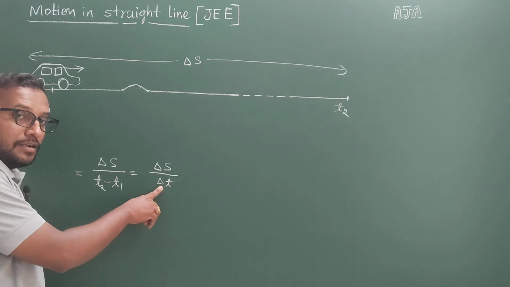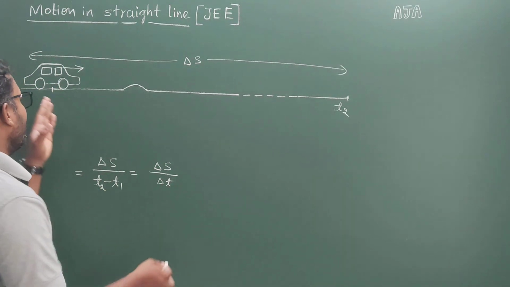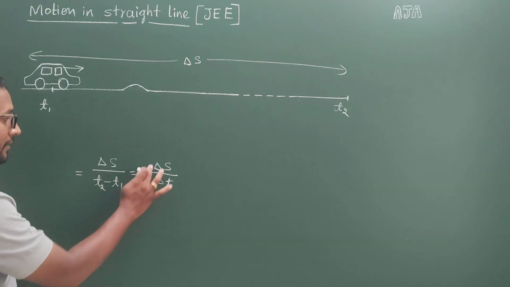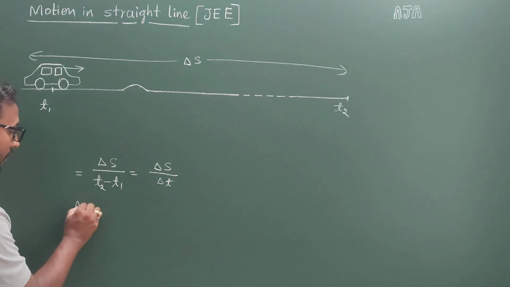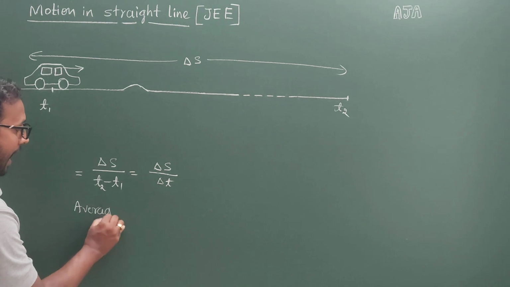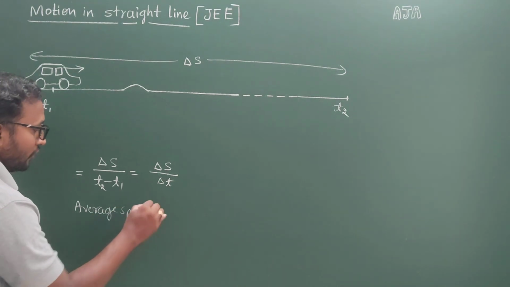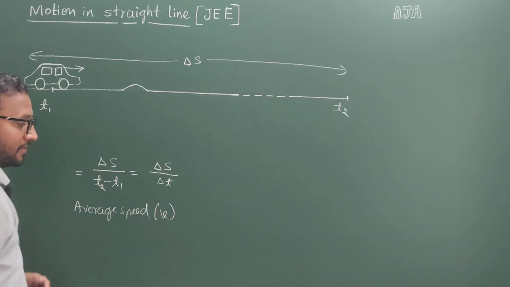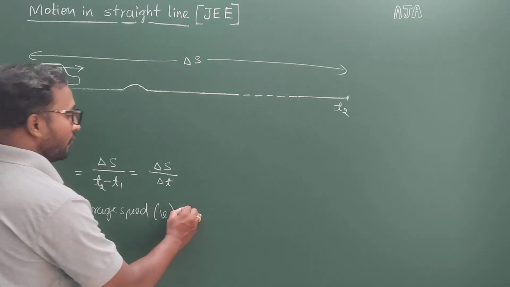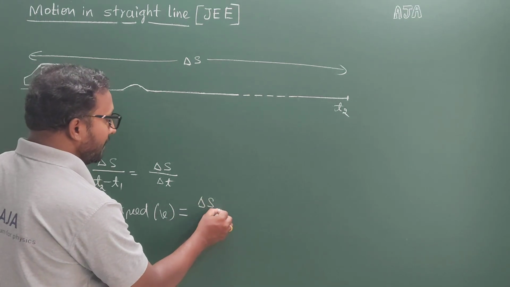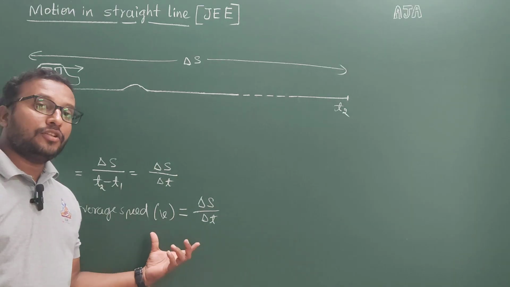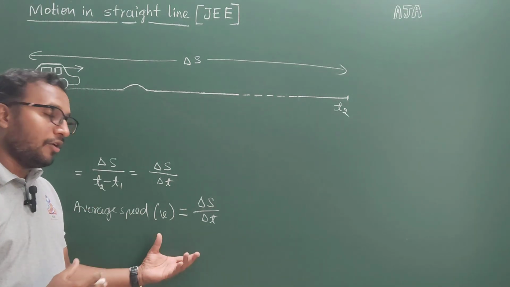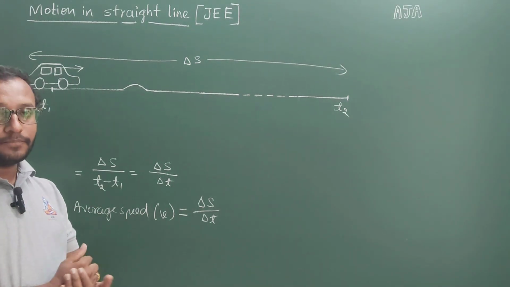This is nothing but the time interval or time taken by the car to go from here to there. This ratio is called the average speed. Okay, this is called the average speed. Usually average speed is represented with the letter V, which can be written as delta S divided by delta t. So this is nothing but the definition of speed, or this is how we are going to calculate the speed.